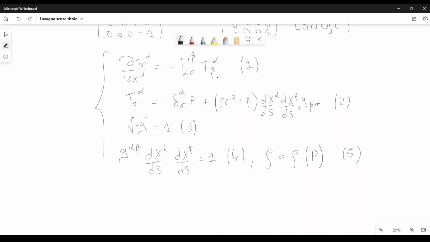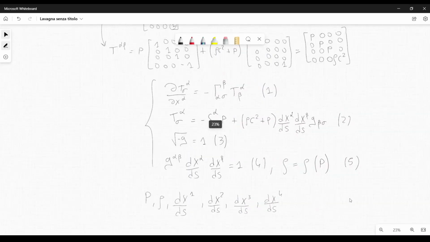So 1 and 2 together make 4 scalar equations, whereas 4 and 5 give me another 2 equations, so we have all in all 6 equations. And what are the unknowns? The unknowns are p, rho, then we have dx1 over ds, dx2 over ds, dx3 over ds, and dx4 over ds. So in this case, we have 6 equations and 6 unknowns, and we can solve the problem.